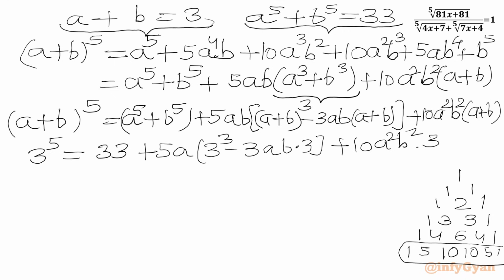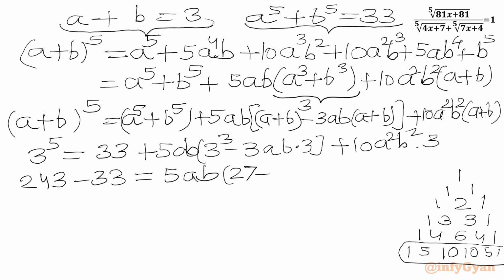So 3^5 is 243. We'll take 33 to the LHS, so it will be minus sign, equal to 5 times ab. In the bracket we have to write 27 minus 9ab.